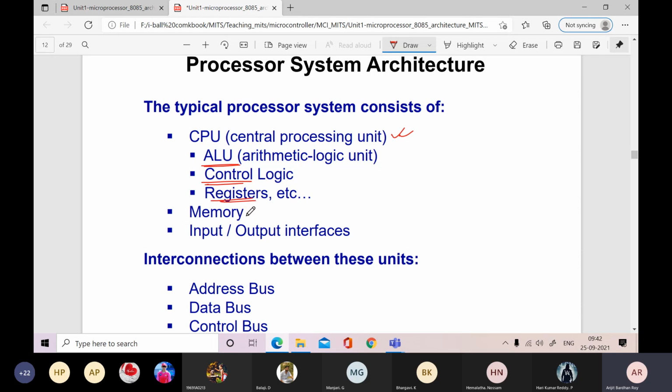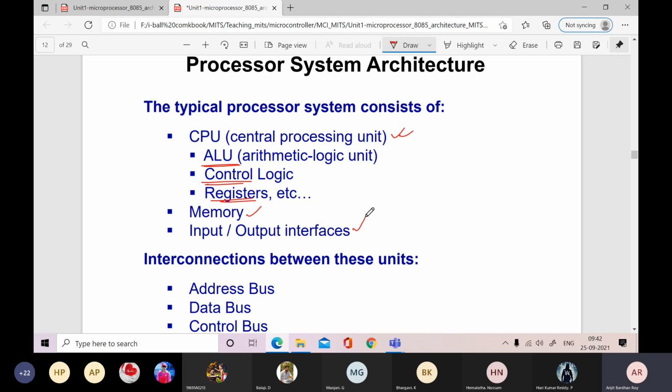Next, the memory. Memory may be a ROM, maybe a RAM, any memory, but we have to use memory. And input output interfaces. Input output interfaces means the devices, the components which help you to communicate with the outer world.